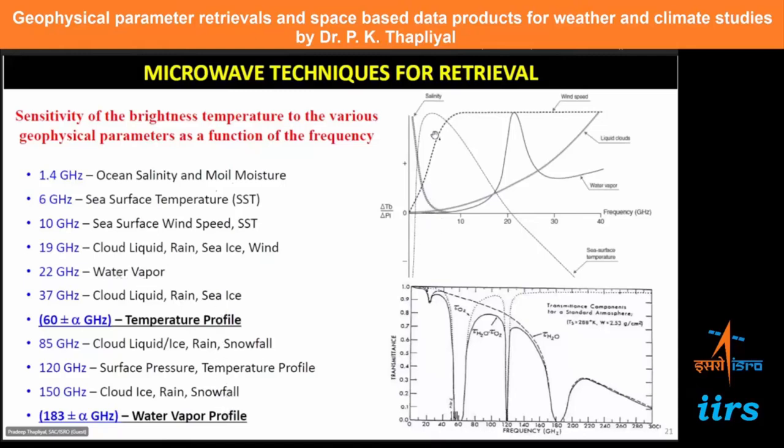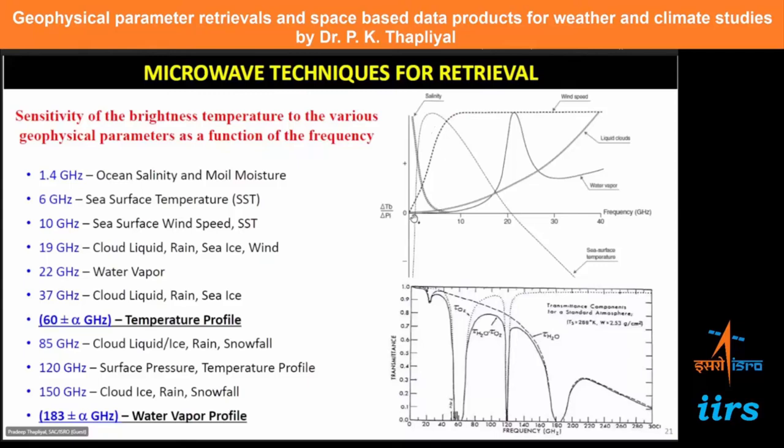So what is the sensitivity of different parameters at different frequencies of measurement? You can see here, the highest sensitivity for salinity is around 1 or 1.4 gigahertz. Second, for SST, the maximum sensitivity is around 6 or 6.5, 6.6 gigahertz here.